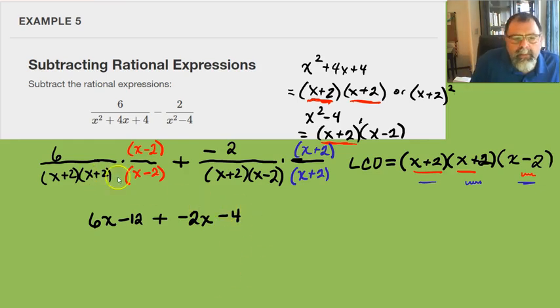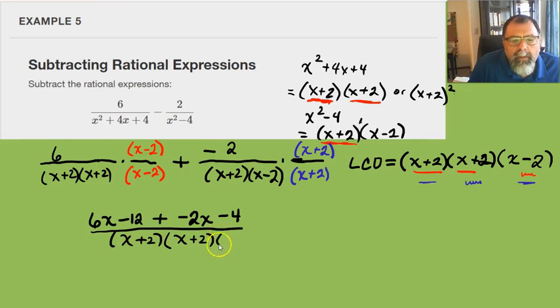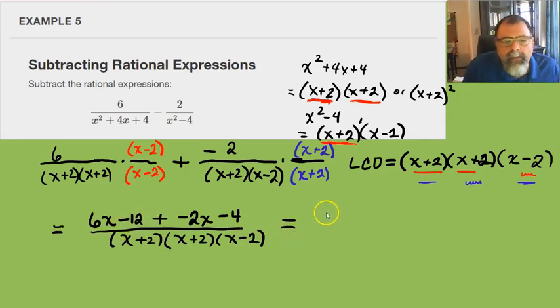Since these are common denominators, I'm going to make one big fraction with the common denominator. If you want, you can use the square. I'm just going to write it all out because I think it's easier when I get to the canceling stage to leave it factored completely without using exponents, unless it was like x plus 2 to the 7th, in which case I'd write the 7th power.